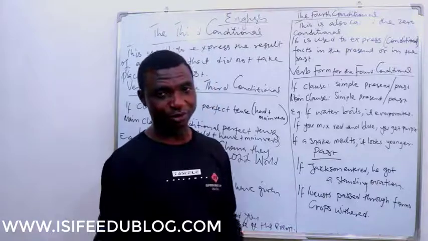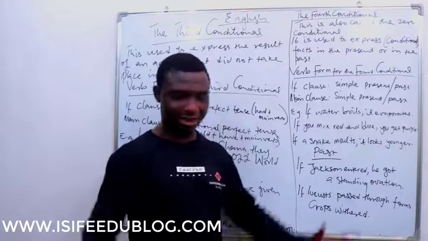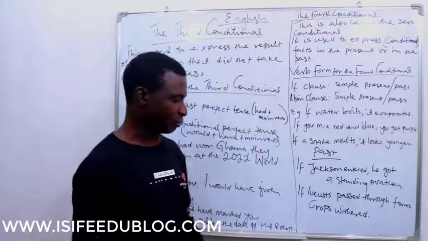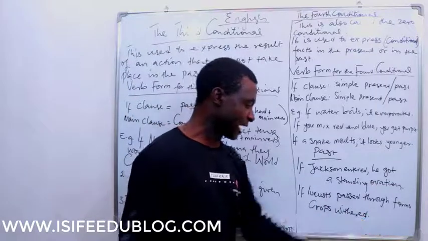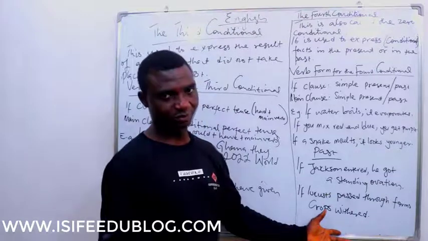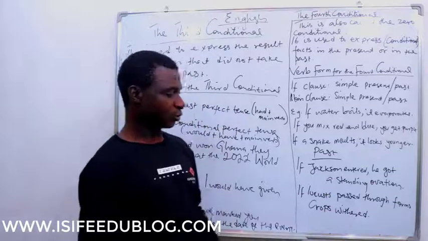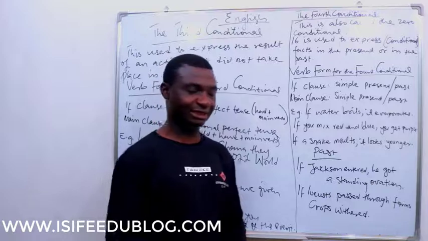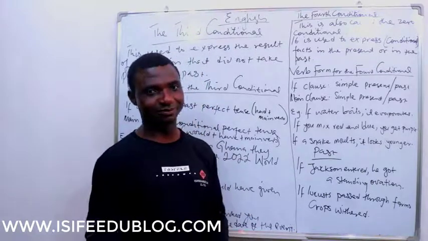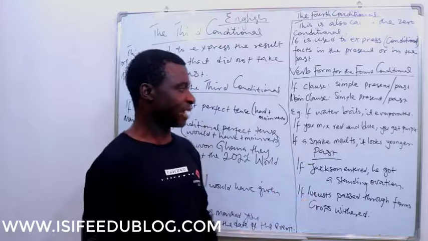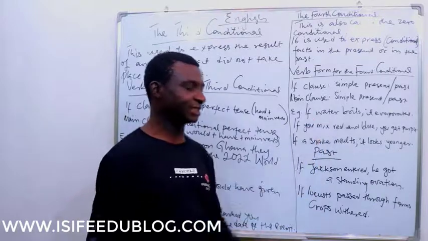I've not seen them, so I've imagined that they no longer exist in my part of the world. So I said, if locusts passed through farms, crops withered. Alright? So these are facts, or were facts in the past. They happened in the past. These are facts in the present.